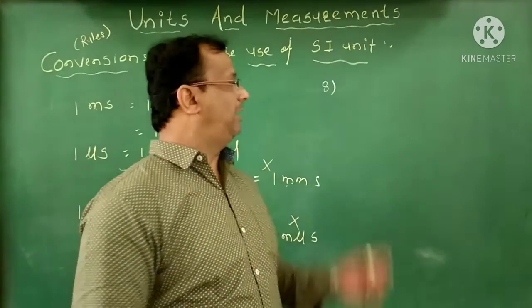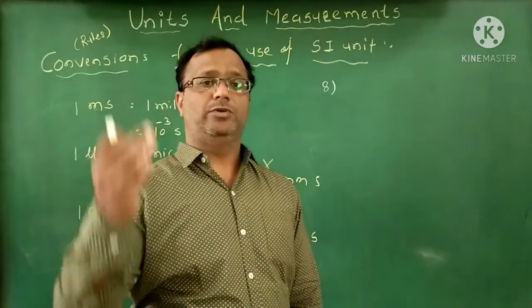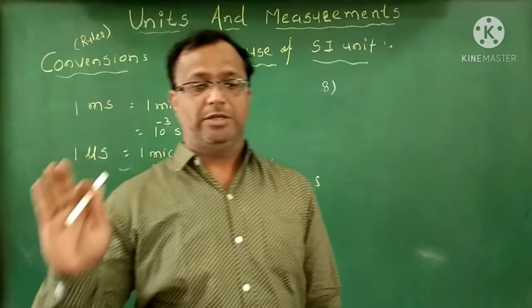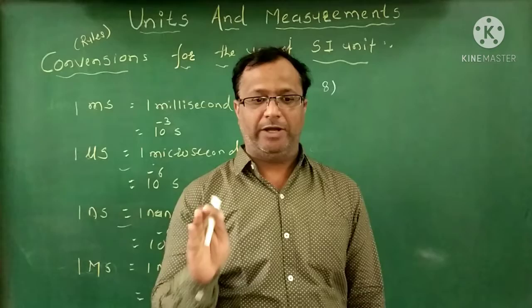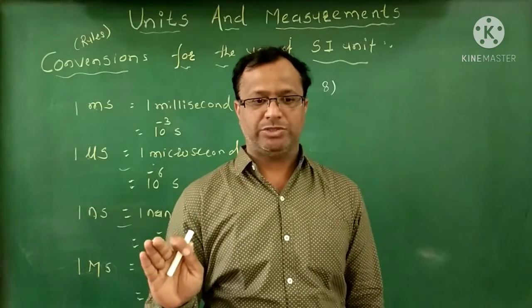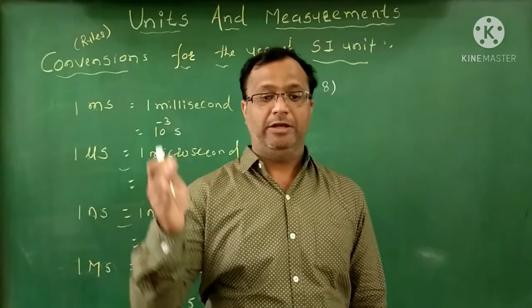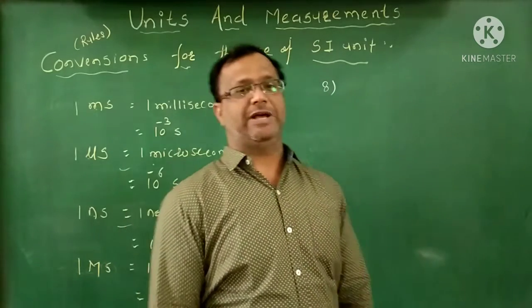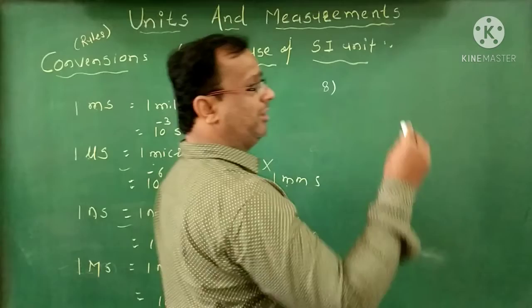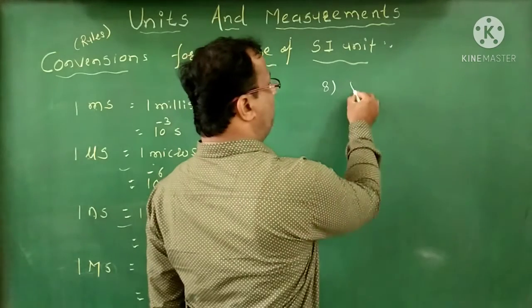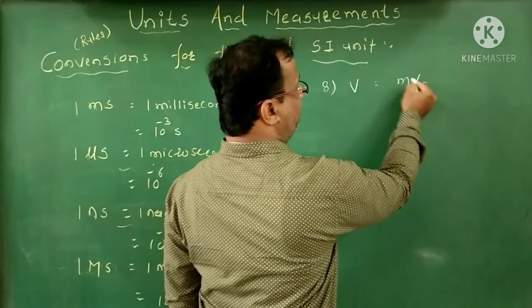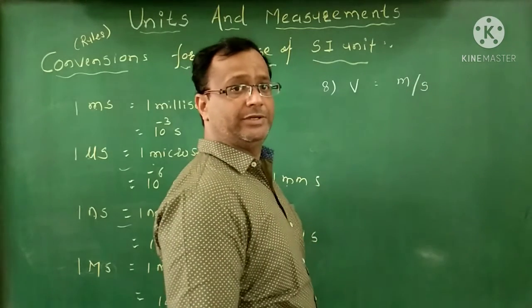We want to see the last rule to write the SI unit. The rule is that a space or hyphen must be introduced while indicating multiplication of two units. For example, if we want to write the unit of velocity, that unit is meter per second.